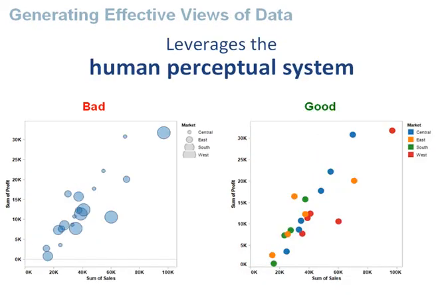We also want to make sure to leverage the human perceptual system. So again, here we have two graphs communicating exactly the same information. And on one, we're using color, and on one, using size to encode the markets. And now if I ask you a question like, how does profit trend with changes in sales for Central? Well, in this graph here, Central is blue, and our eye can quickly separate blue and see this upward trend.